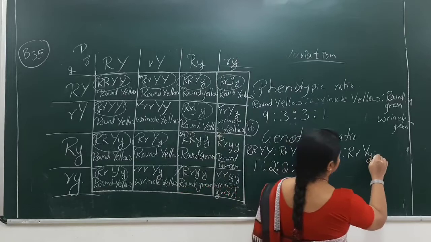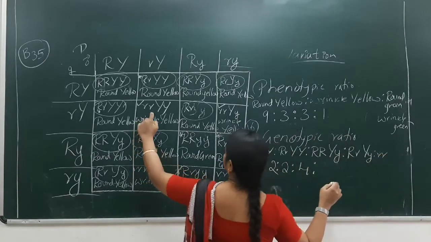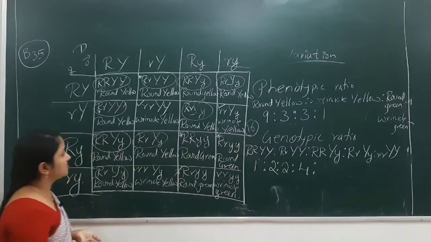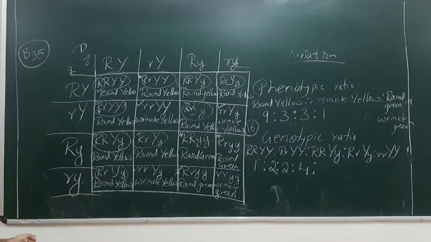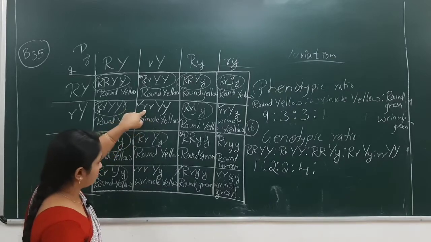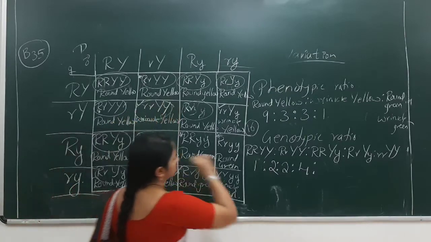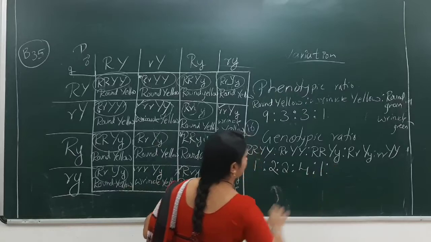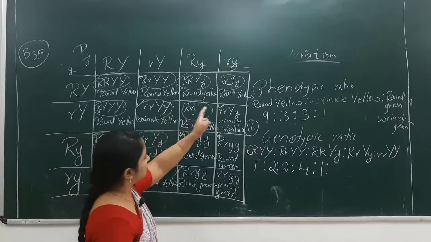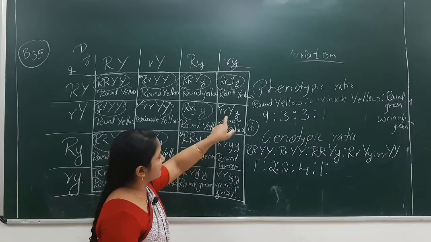Small r, capital Y, capital Y. How many offsprings have this type of genotype here? Only 1. So you write here 1. The next is, this is done, right?